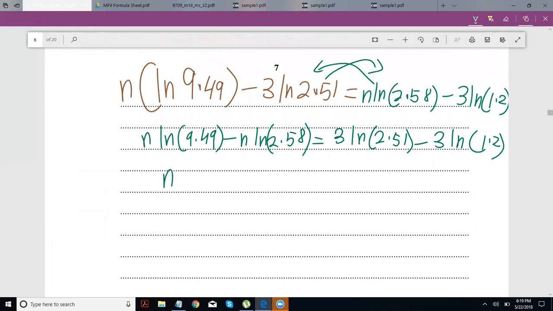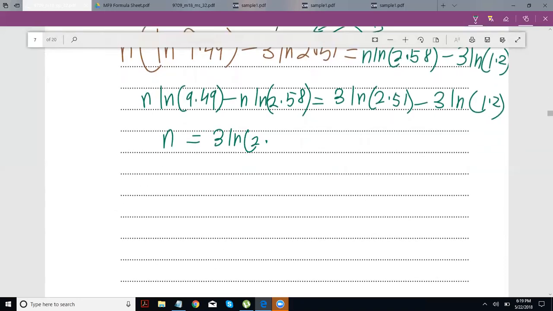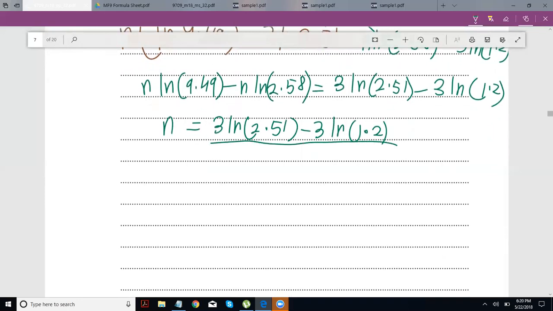What you then can do, you can take n to be common, and you can have 3 ln 2.51 minus 3 ln 1.2 upon ln 9.49 minus ln 2.58.